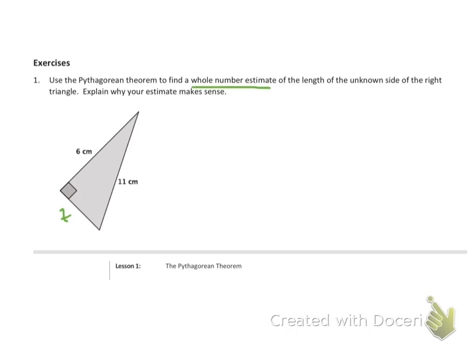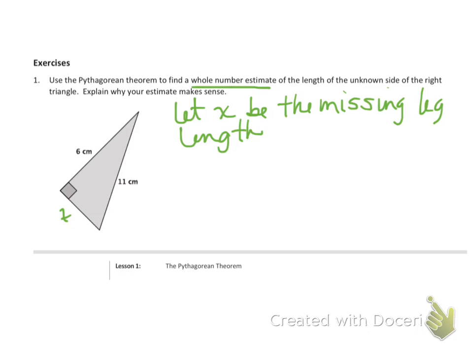Okay, so for this first one, I'm going to call that side x, and I'm going to say let x be the missing side length, or missing leg, I'll call it missing leg length. I can say that x squared plus 6 squared is equal to 11 squared.